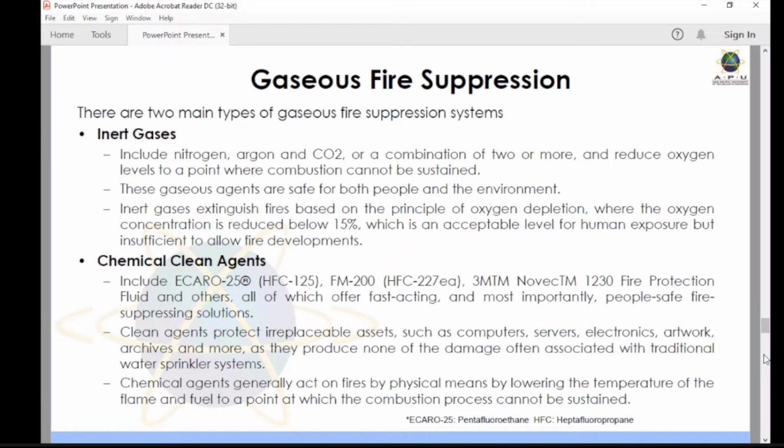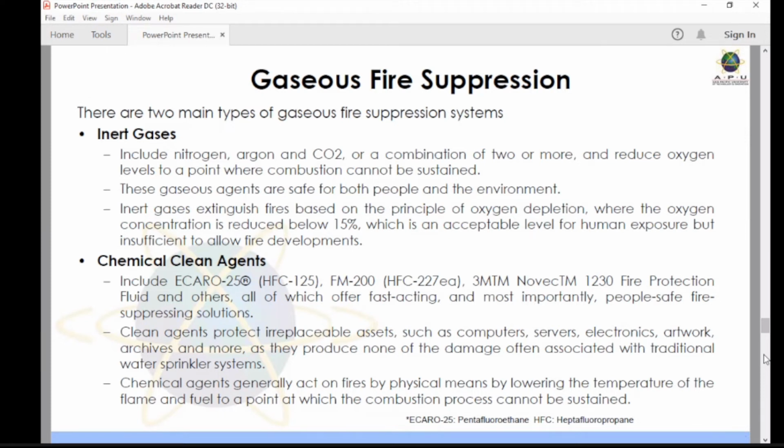They include nitrogen, argon, carbon dioxide, or a combination of two or more gases, and reduce oxygen levels to the point where combustion cannot be sustained. So it doesn't help to spread the fire. Okay, these inert gases. These gaseous agents are safe for both people and the environment.